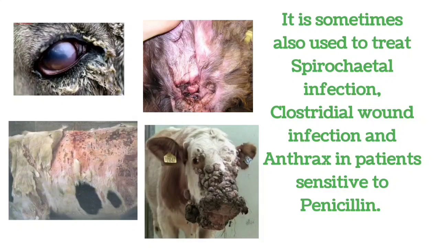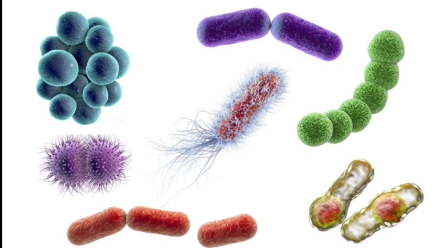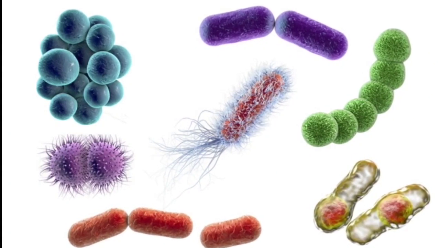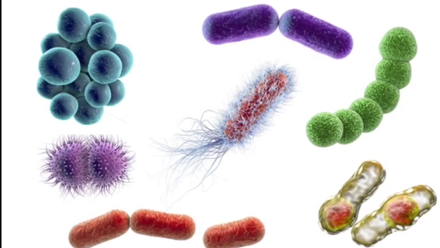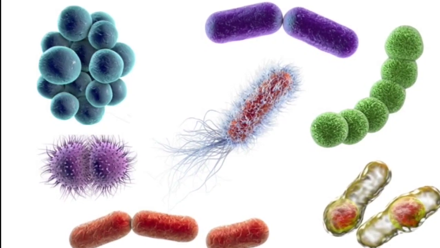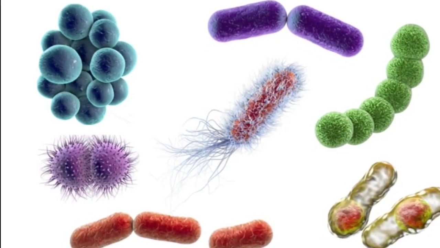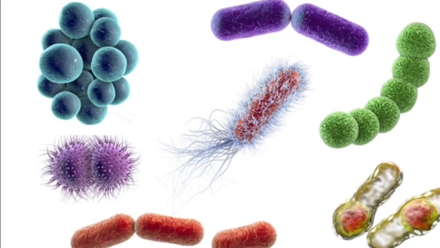It is sometimes also used to treat spirochetal infection, clostridial wound infection and anthrax in patients sensitive to penicillin. The drug is particularly useful when penicillins and/or macrolides cannot be used due to allergy.